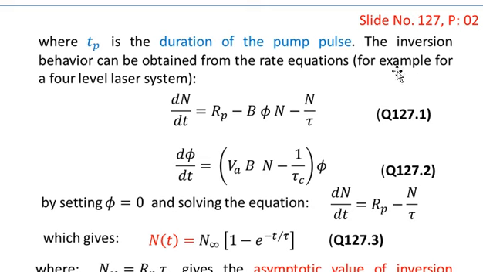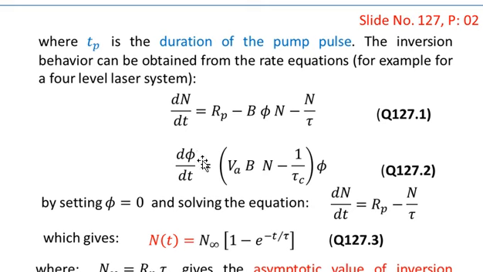For example, for a 4-level laser system, we have this equation, that is dN over dt, that is the rate of change of a population inversion, is equal to Rp, that is the pump rate, minus B times phi times N minus N over tau.